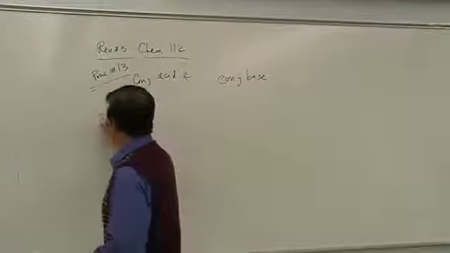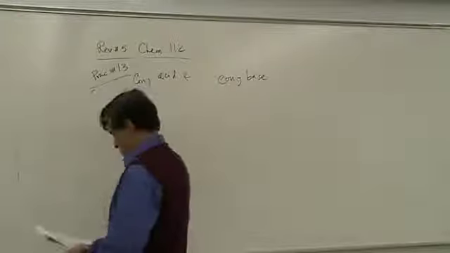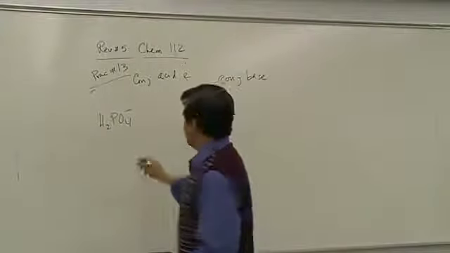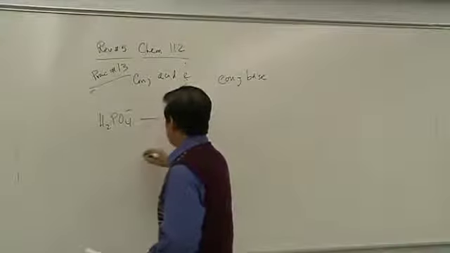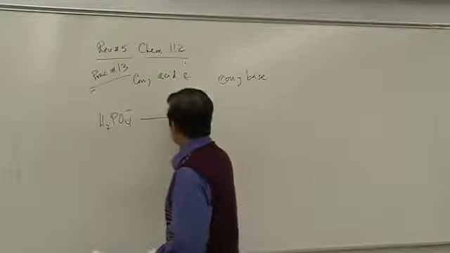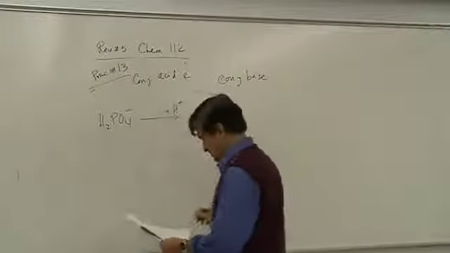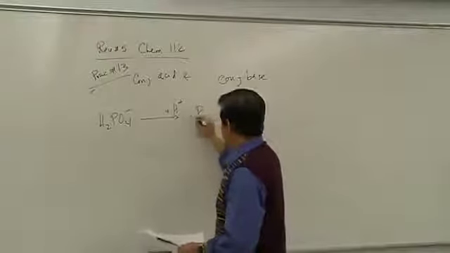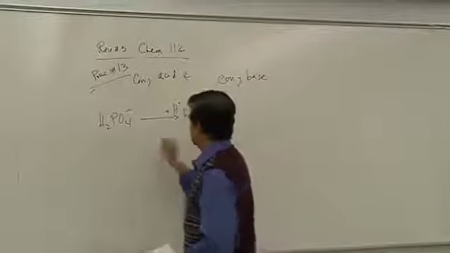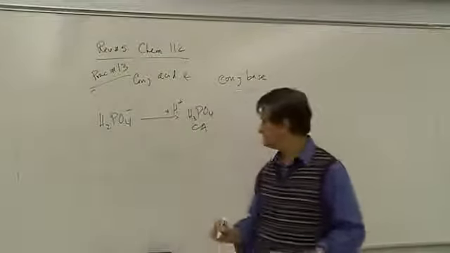Say I'm giving you this particular problem and I'm asking you to get the conjugate acid of this compound. So in order to get the conjugate acid, you need to add H plus. So plus H plus, and that will give me H3PO4. So this is going to be the conjugate acid of this given compound.